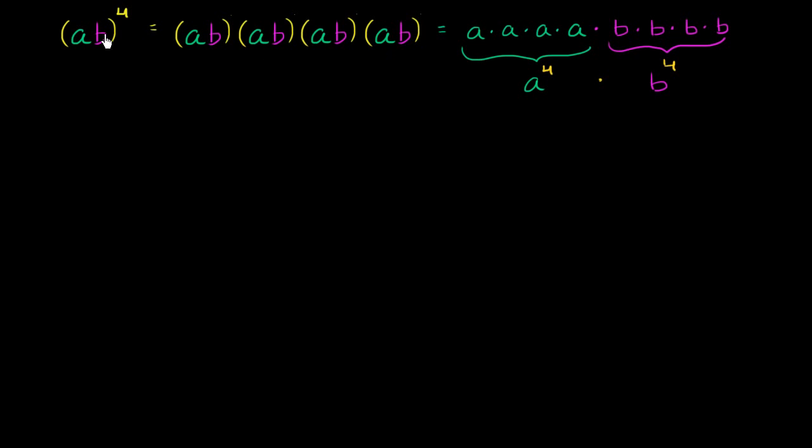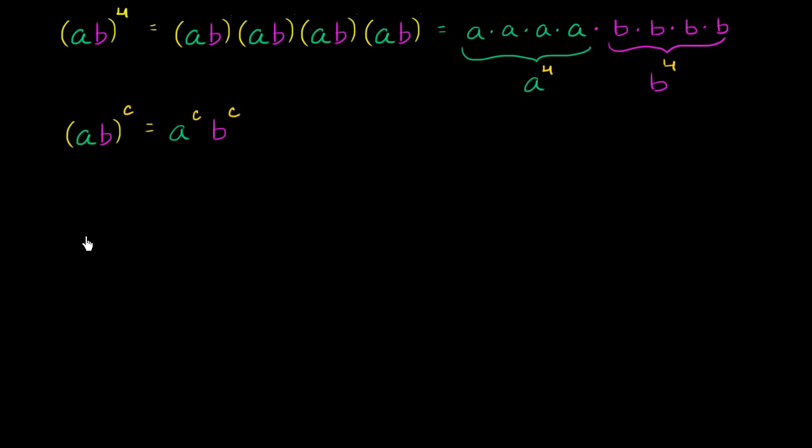But this is a general property, let me write it this way: if I have (ab) to the c power, this is going to be equal to a to the c times b to the c. And we'll use this throughout mathematics when we try to simplify things or rewrite an expression in a different way.